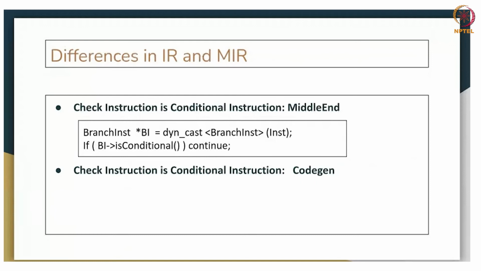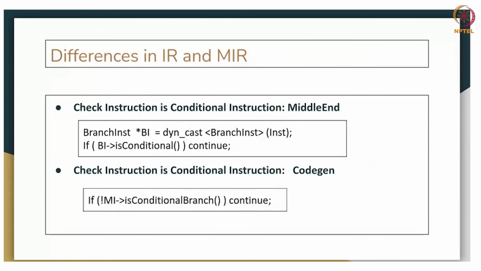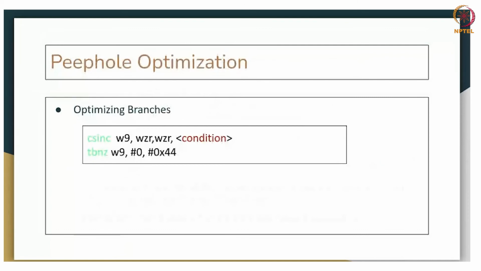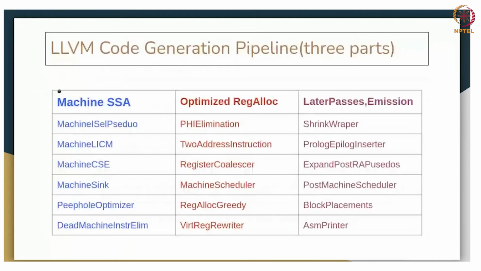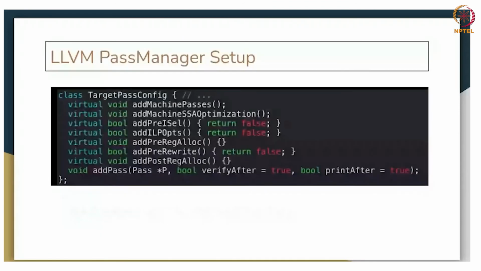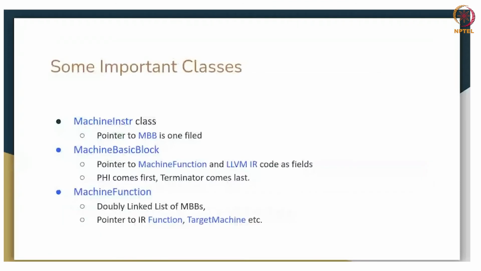To answer that question, when you need to traverse back from machine IR, I'm not sure exactly where it is required, but I mentioned that things are available. Reverting from MIR to IR is easy. Exactly where it is used, I cannot give a specific example.